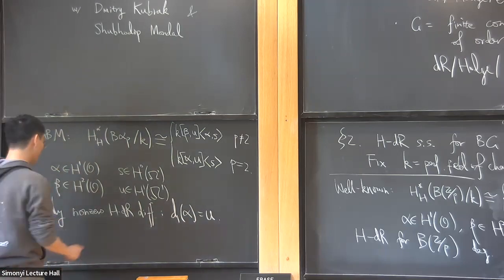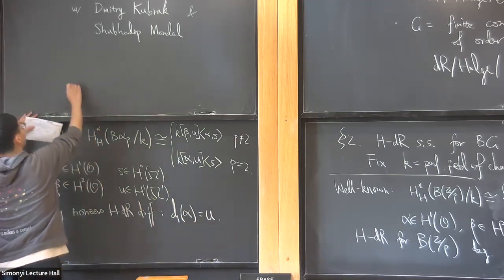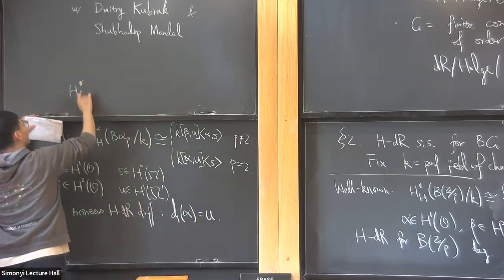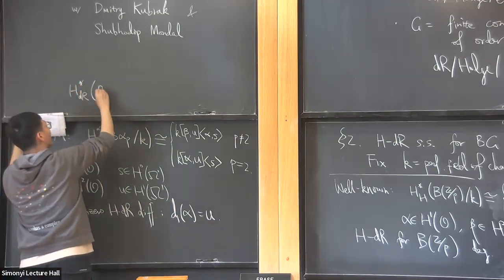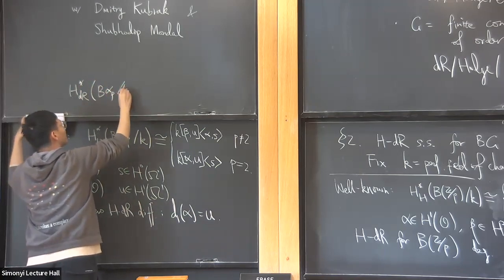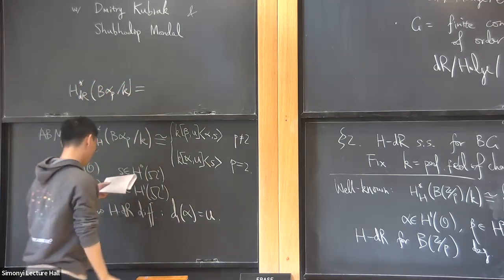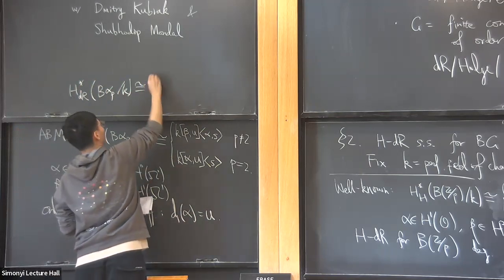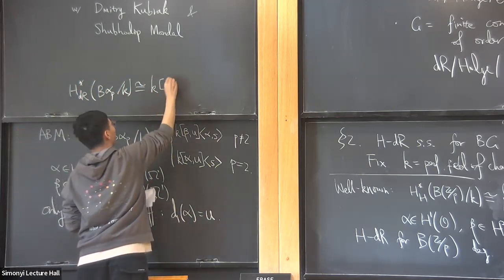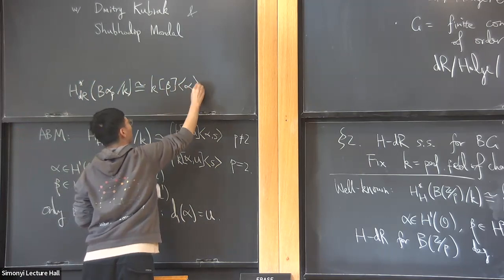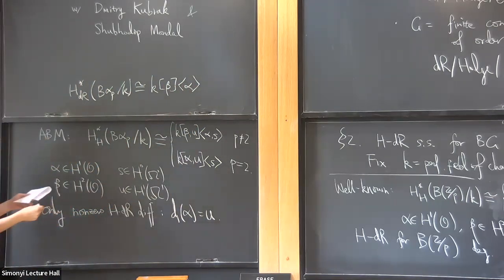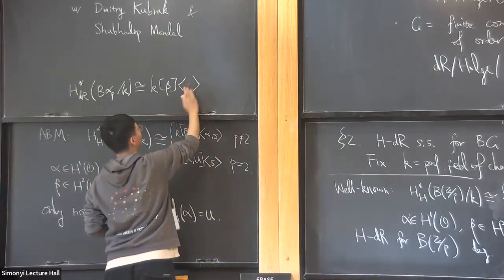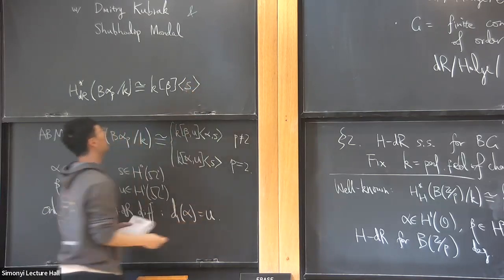And therefore, do some work, and then you will see that this de Rham cohomology is again given by K[beta, S].